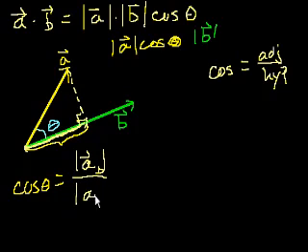This is just our basic trigonometry. Or another way you could view it, just multiply both sides by the magnitude of vector A. You get the projection of A onto B, which is just a fancy way of saying this side.